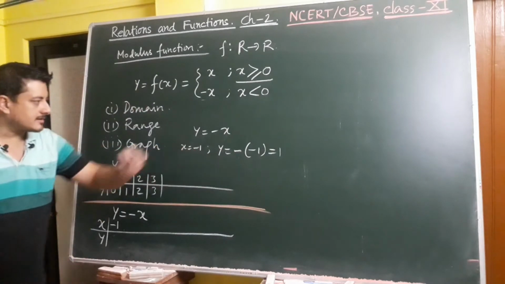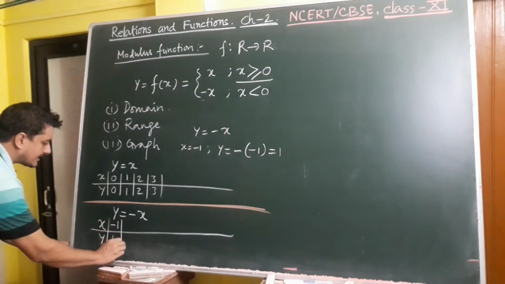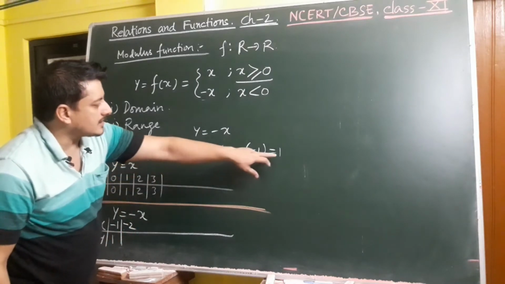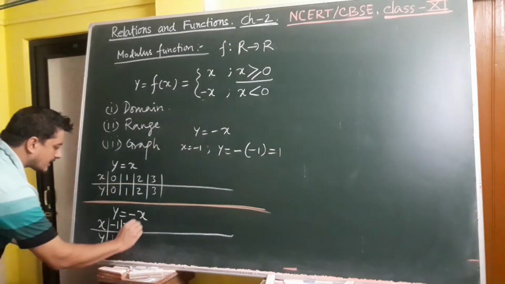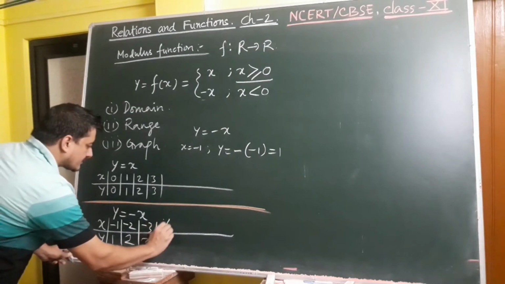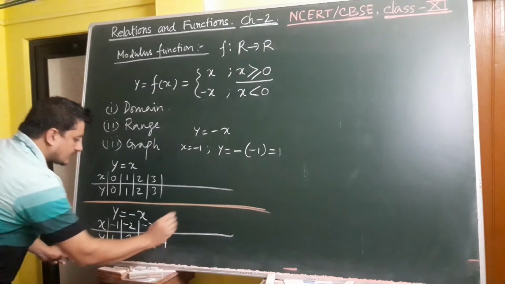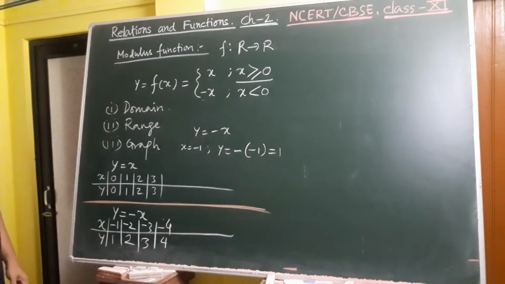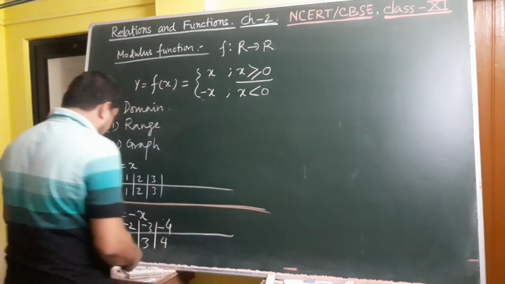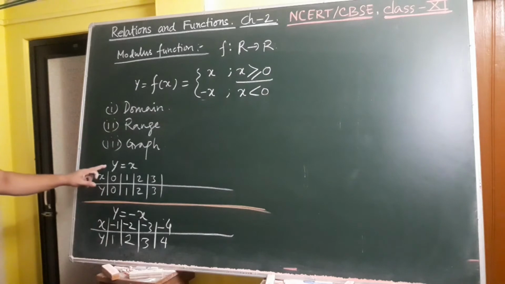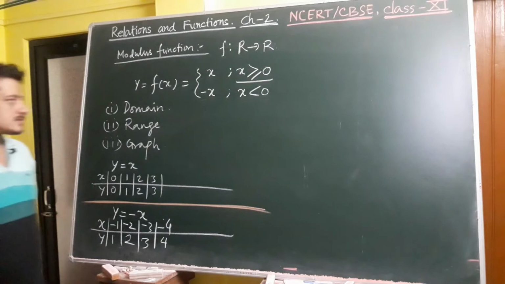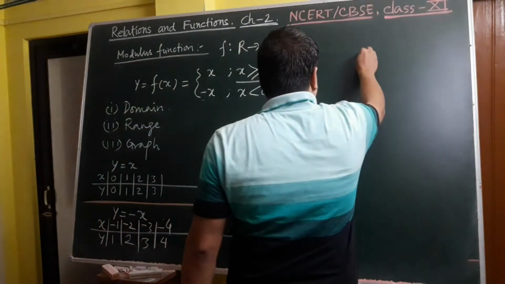For minus 2 it will be 2, for minus 3 it will be 3, for minus 4 it will be 4. It goes on like this; you can take any value. Now that we have the pairs of abscissa and ordinate for both the non-negative and the negative values of x, we shall draw the graph.